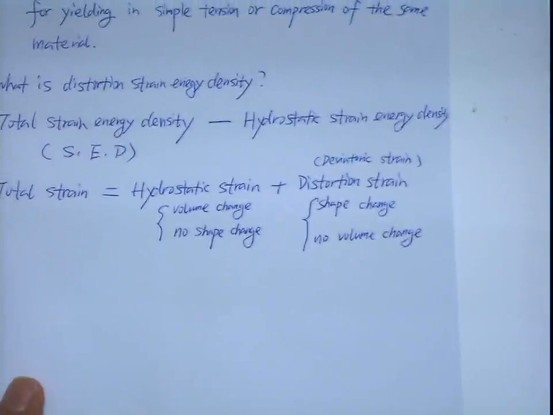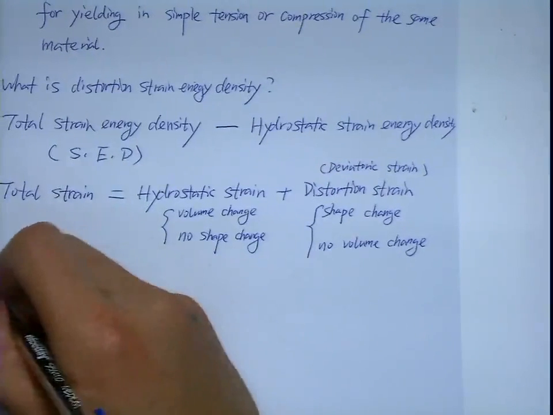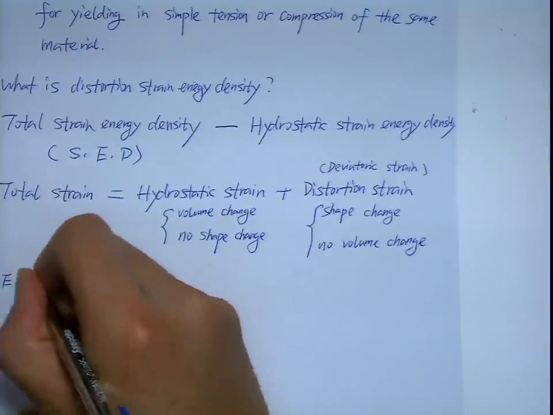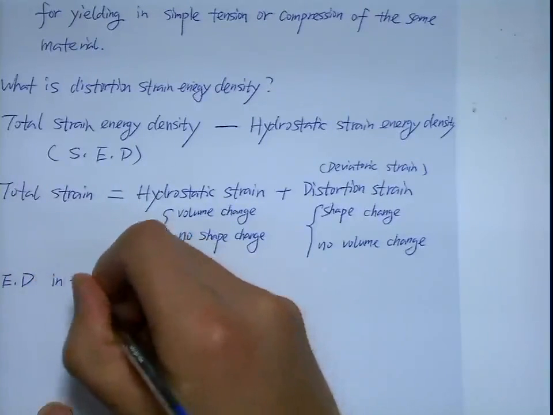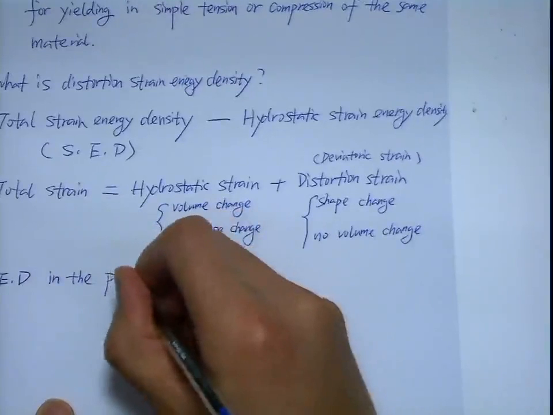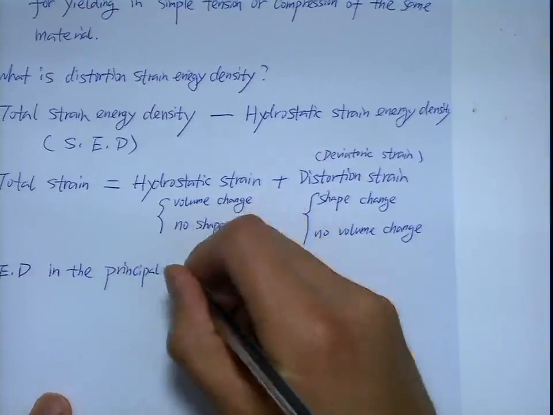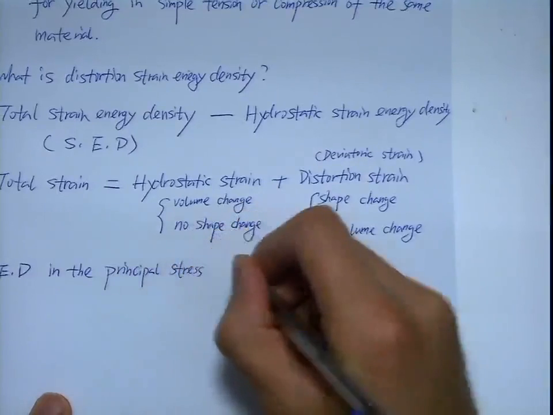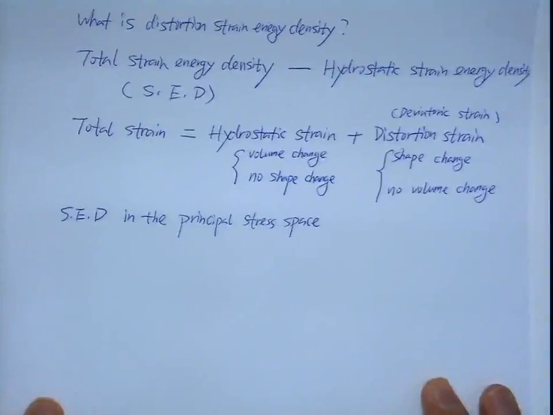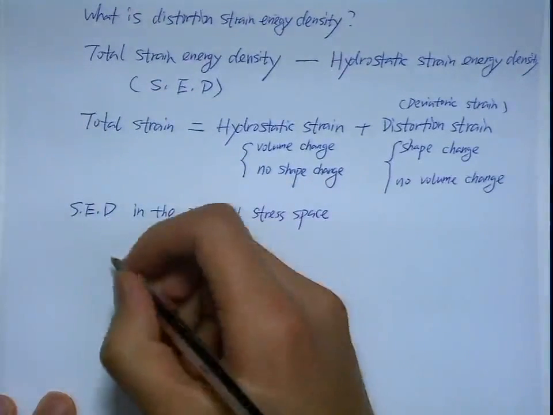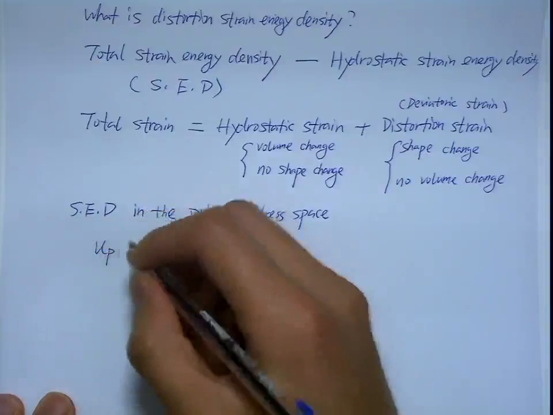Okay, so let's first write down the strain energy density in the principal stress space. So we will make everything easier to calculate. You will do that in the principal stress space without any shear stress component. Okay? So if you remember, I will just give you the answer.